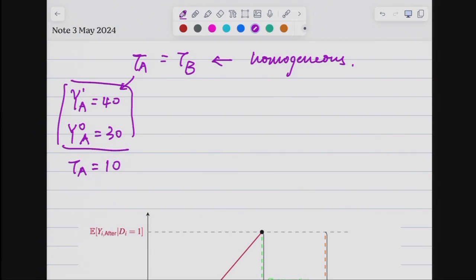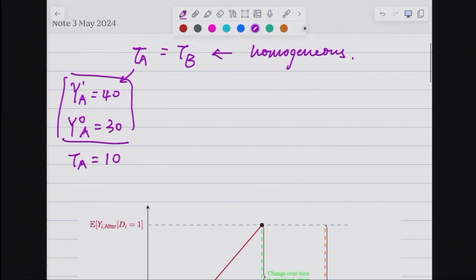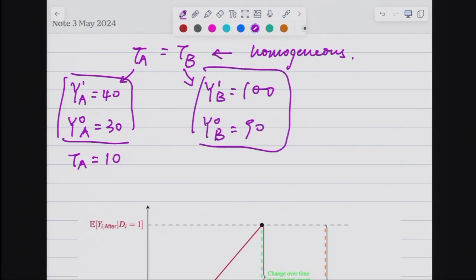Now, for individual B, we could have that the treated state outcome, let's say it's 100, but then the untreated state outcome is 90. So in total, that brings the treatment effect also to 10.